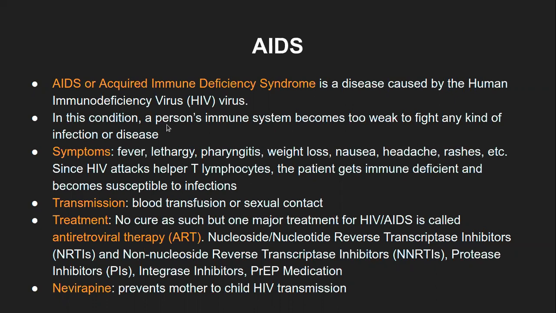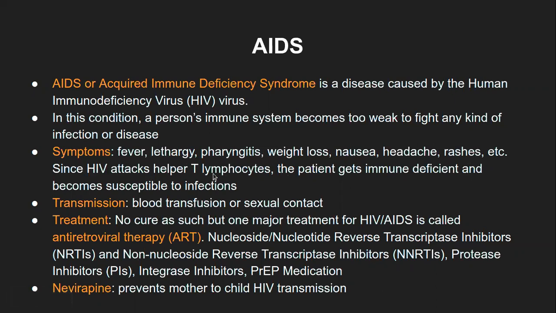In this condition, the person's immune system becomes too weak to fight any kind of infection or disease, and that's why I said people don't die of AIDS, but of the secondary infection because their immunity is super low. Symptoms again: fever, lethargy, which is again fatigue, pharyngitis, inflammation of the pharynx, weight loss, nausea, headache, rashes, and so on. Now, since the human immunodeficiency virus attacks the helper T lymphocyte, the patient gets immune deficient.